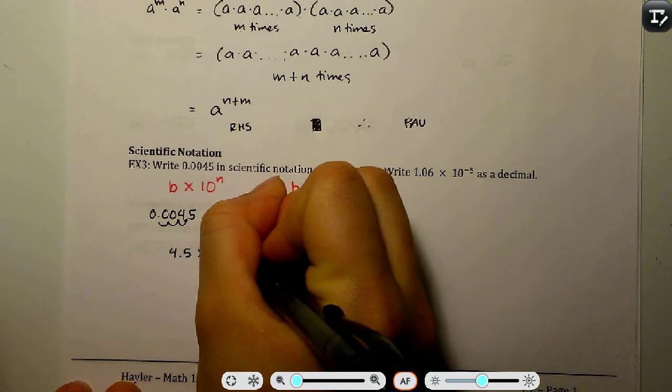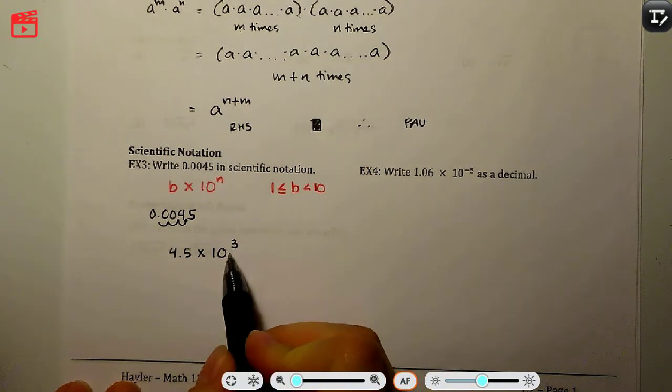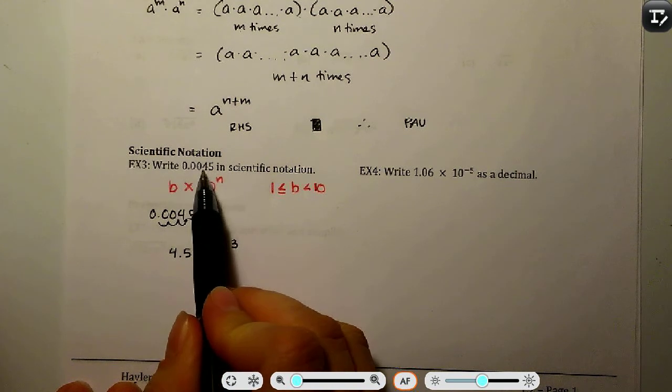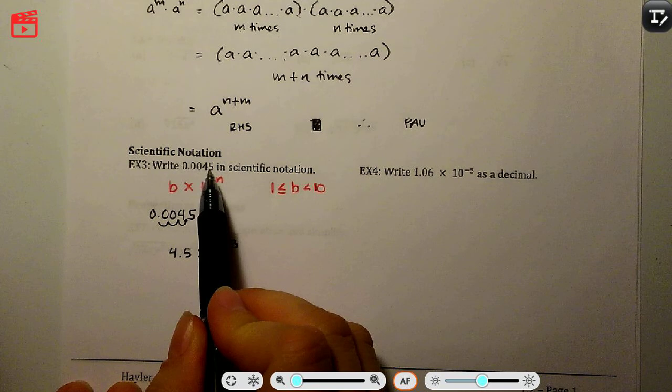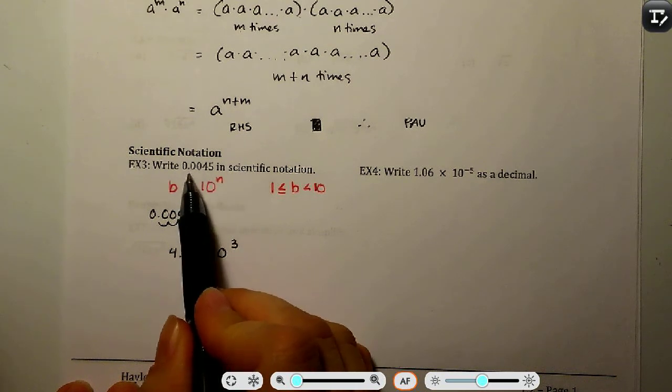Okay, so we're going to write this as 4.5 times 10 to the. Now we moved it 3 places, but we have to be careful. Is that positive or negative? Okay, a way to remember it is if your number started out as a small little decimal, think of it in terms of money. In your bank account, if you saw a teeny little decimal, that would be a very negative experience to see in your bank account. Okay?